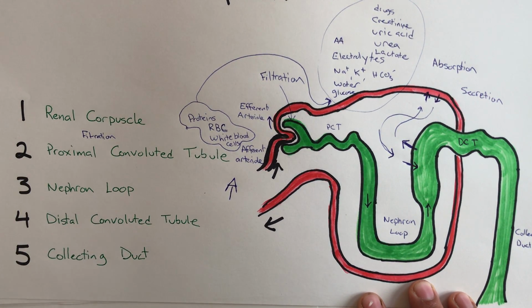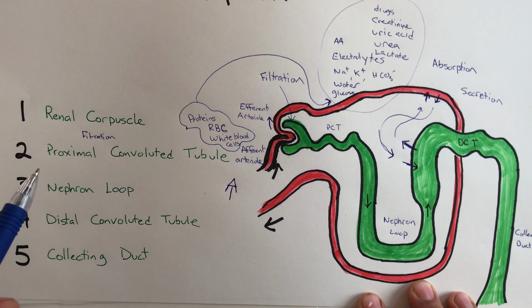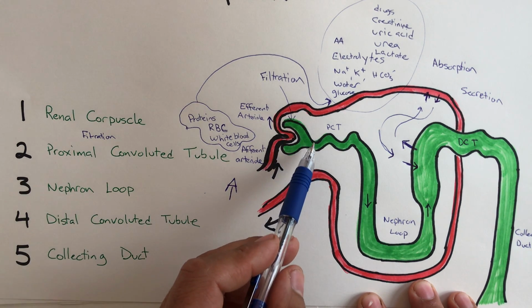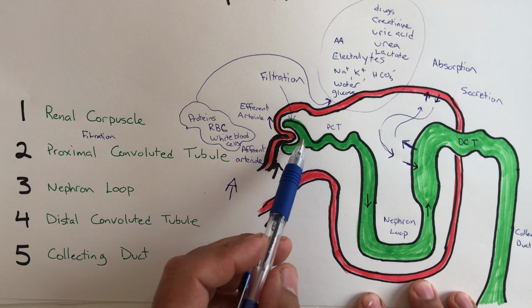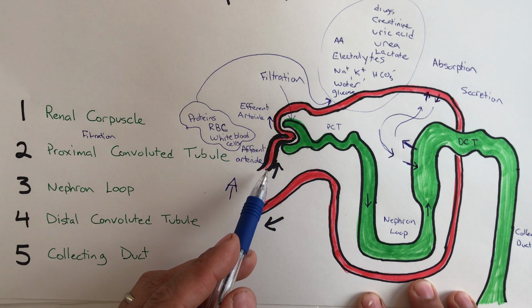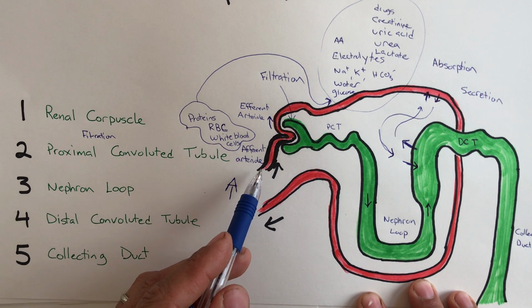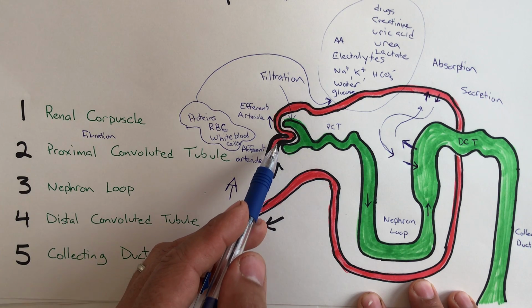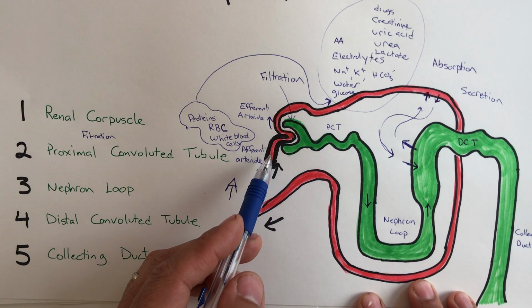Do you remember what we talked about just a second ago about what enters the tube and what doesn't? So we have this blood vessel. It's called the afferent arteriole, and it's thicker, it's larger.